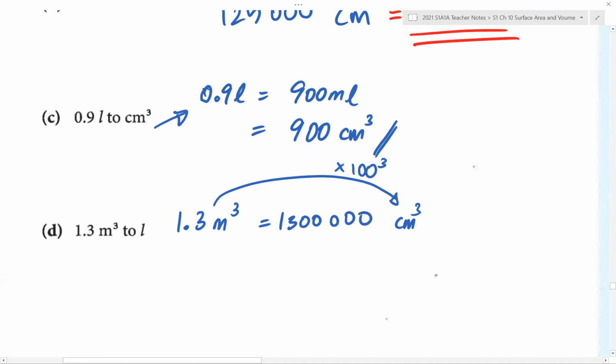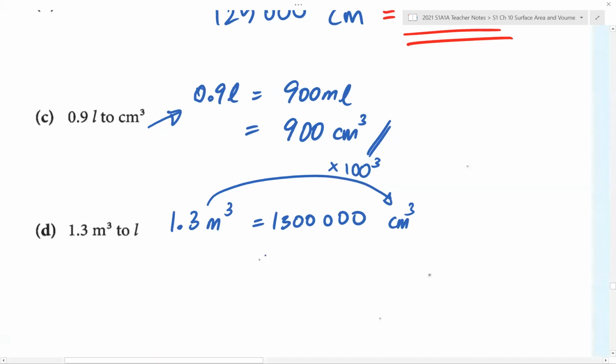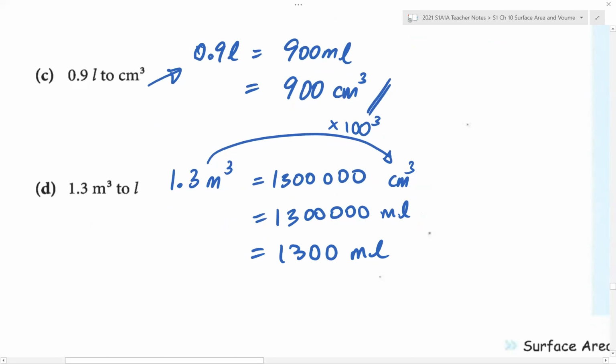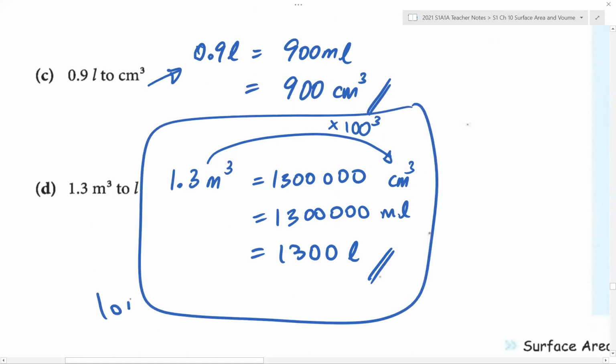Okay, I've converted my 1.3 cubic meters to cubic centimeters, which is the same as in ml. Then divide by 1000. Sorry, this is in liters. Okay, this is the long way.